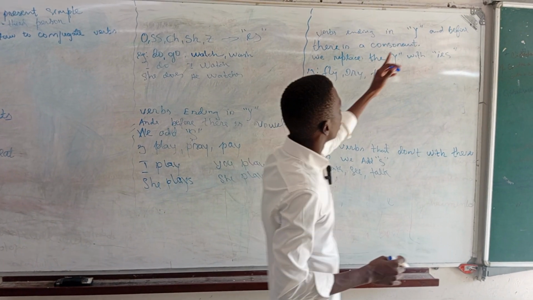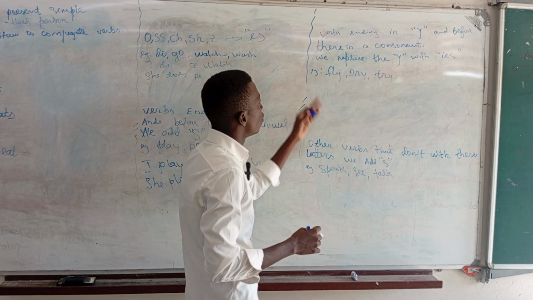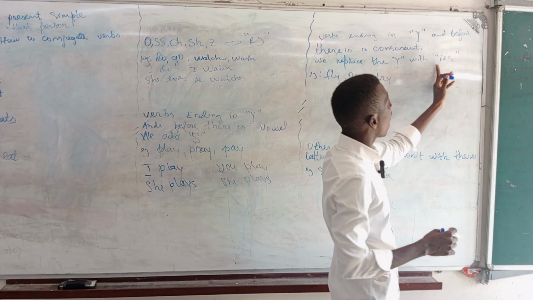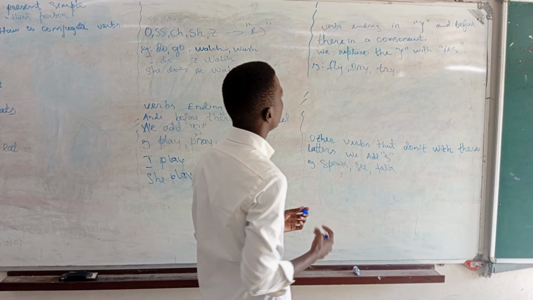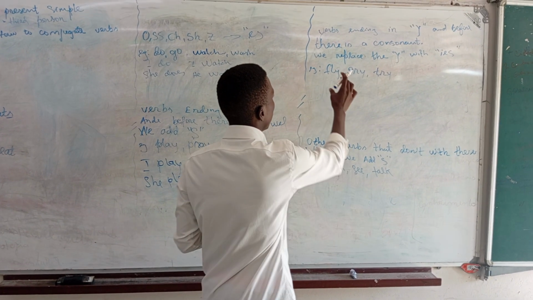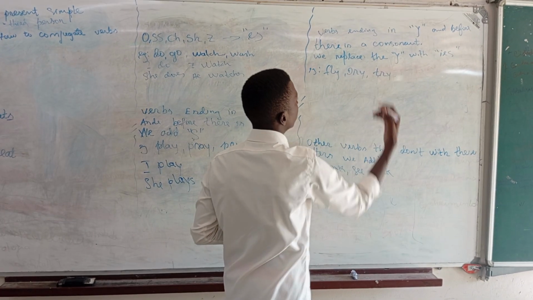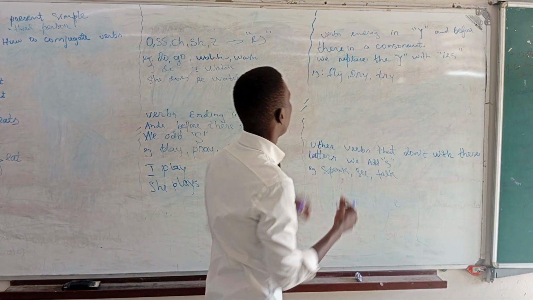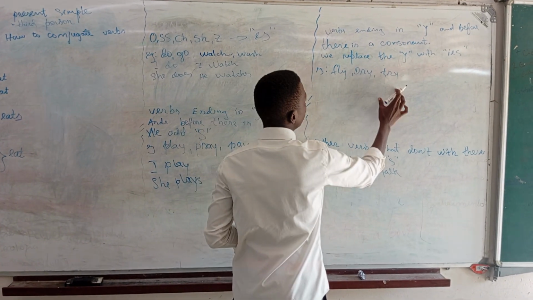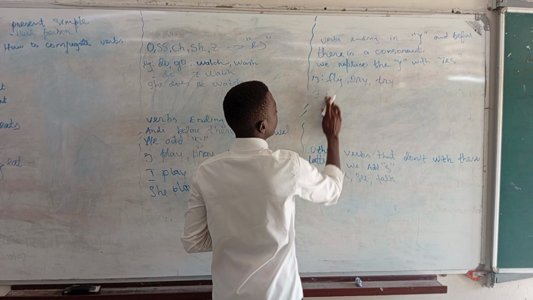When the verb ends in y, and before the y there is a consonant, we replace the y with ies. For example, we have the verbs to fly, to dry, and to try. We have a lot of verbs that end with y, but today we are going to make some examples using these verbs. In the first person, we say I fly.